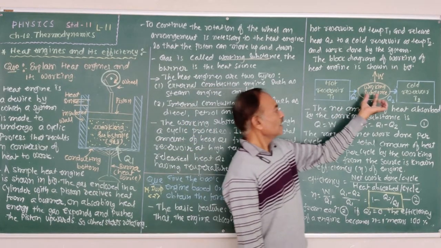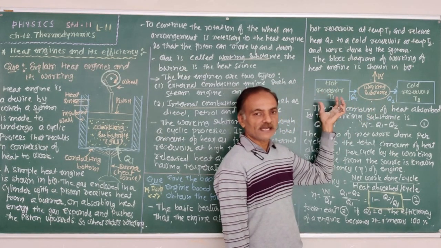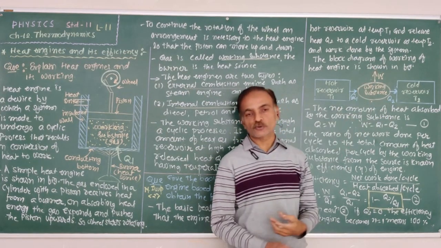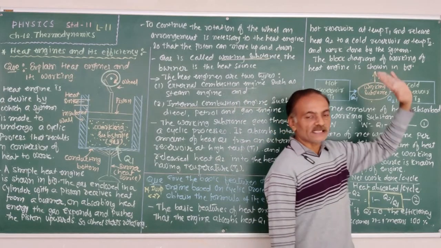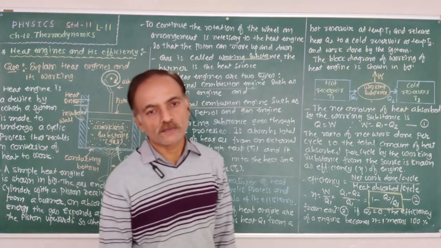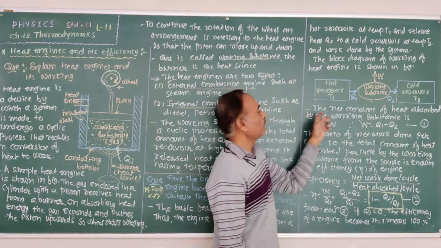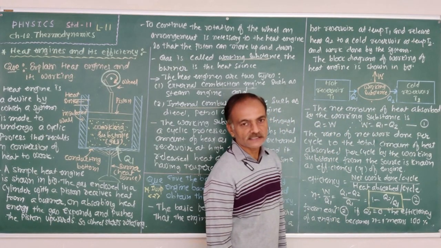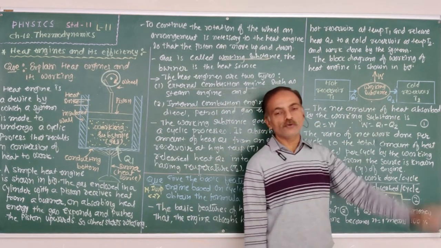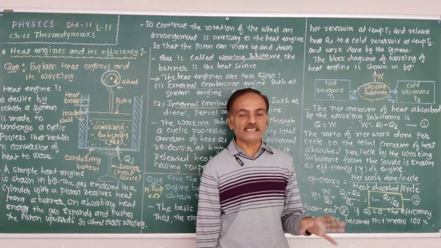Now, the working substance absorbs Q1 amount of heat from the hot reservoir at temperature T1. Some part of the absorbed heat is utilized to do the work, and the remaining heat energy is released in the cold reservoir at temperature T2. Therefore, the net amount of heat absorbed by the working substance is Q. How much net heat is required?